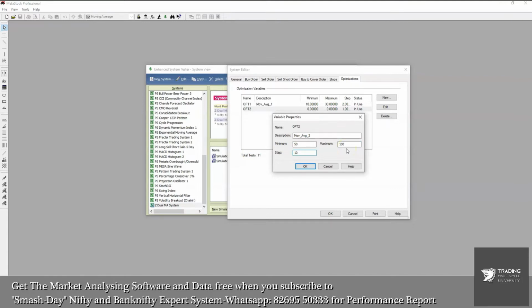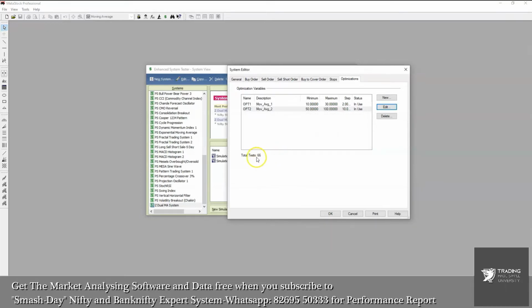So there will be 6 values of the second parameter and 11 values of the first parameter. So 11 multiplied by 6, we will get a total of 66 tests, and this is being shown here, right?